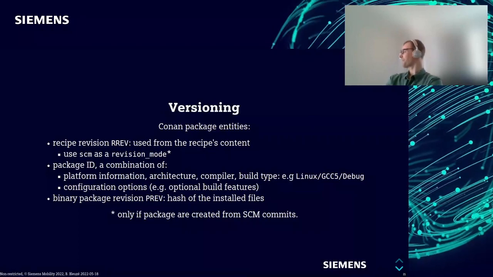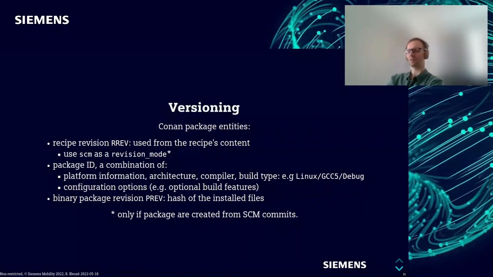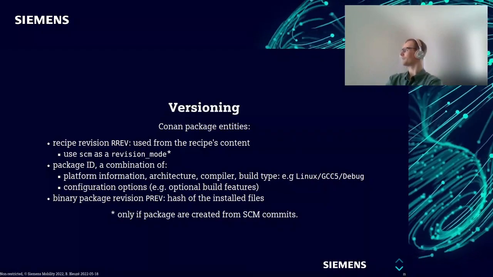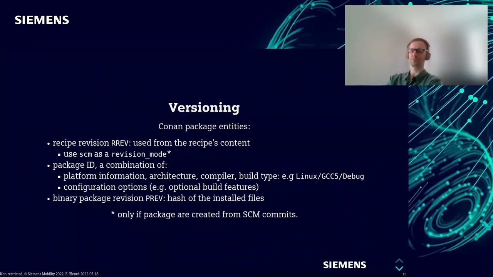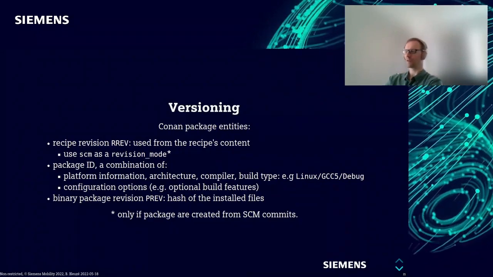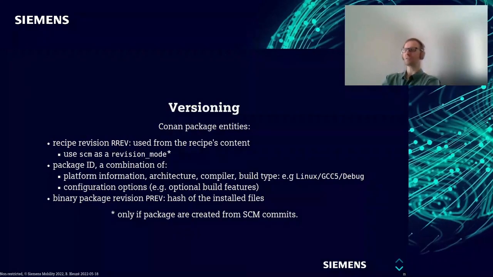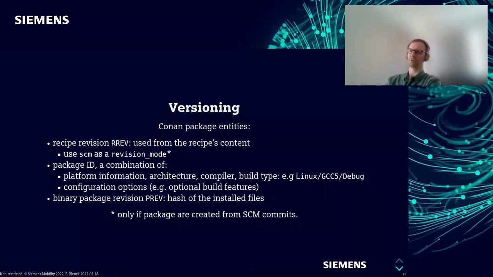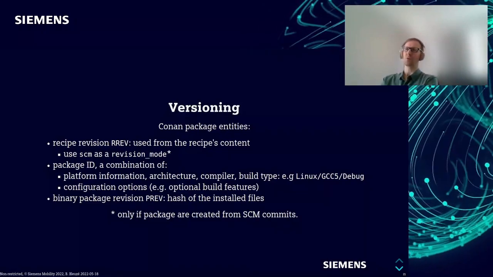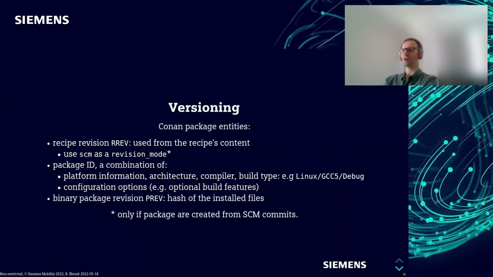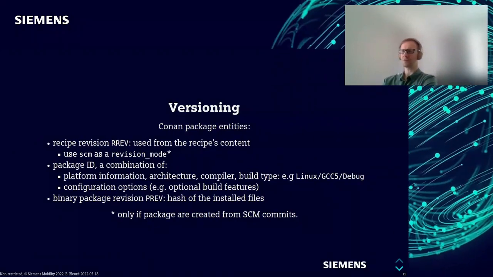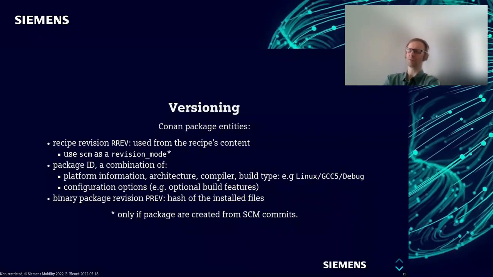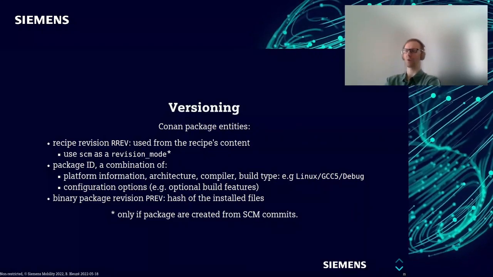So let's say you have a CMake project that takes configuration options, such as, I don't know, it sets a compilation definition to enable or disable some features. So the package ID is some kind of a hash of all those fields, the architecture, the compiler, and the configuration options. It means that with a pair of recipe revision and package ID, you should have a binary that is compatible, right? If you build it twice with those things, you should get the same package.